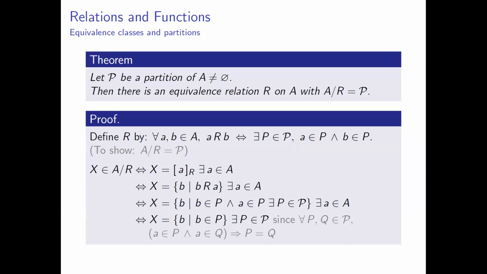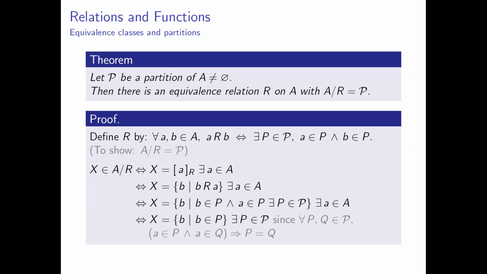Note that if subsets P and Q in the partition both contain the element a, then P equals Q. So it follows from the definition of partition that any element a in the set A is contained in a unique subset P in the partition.